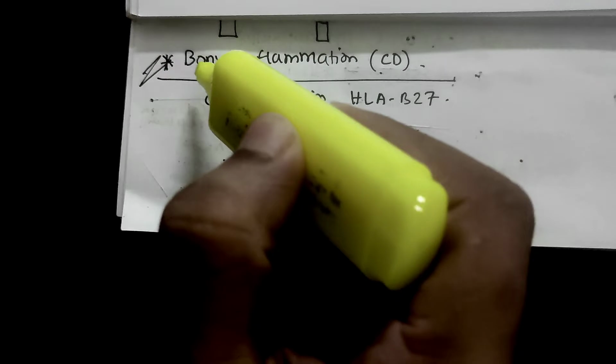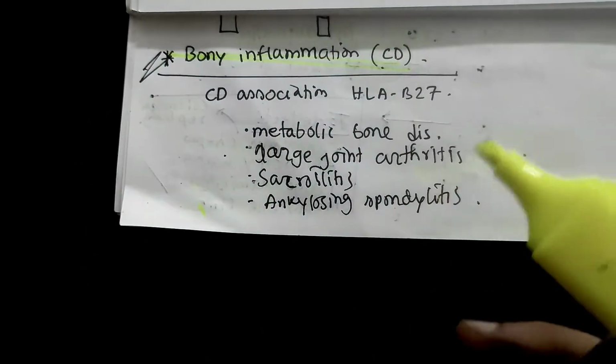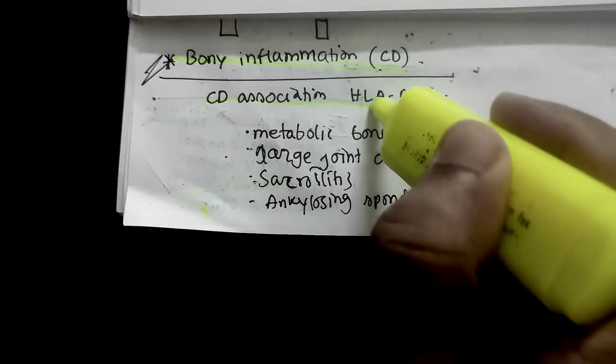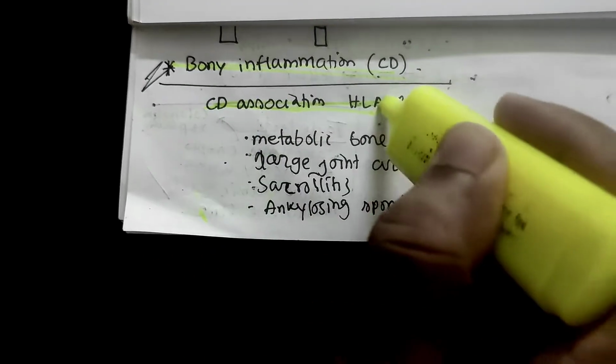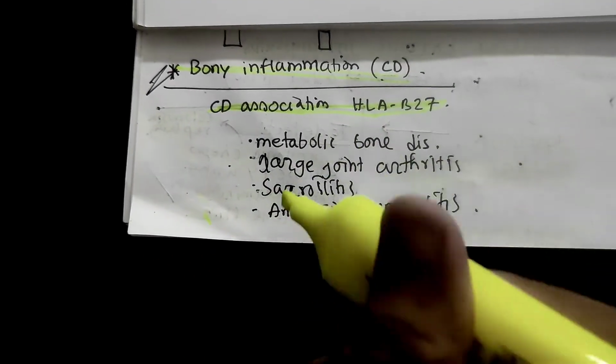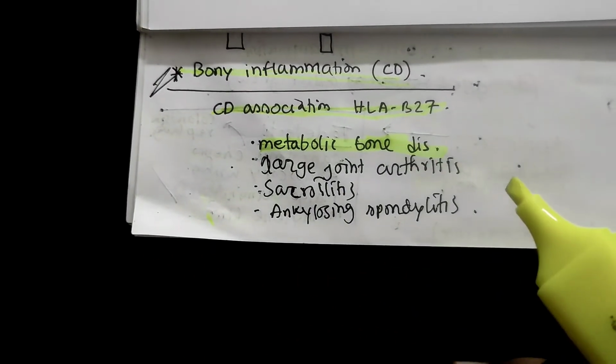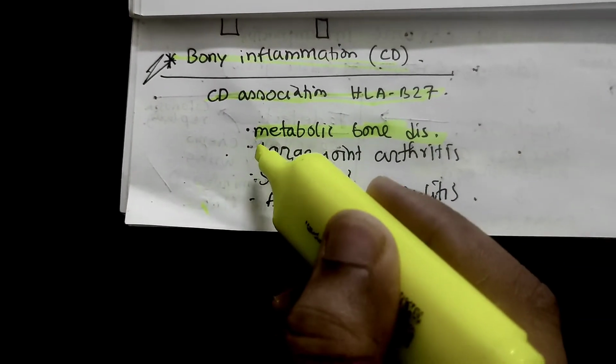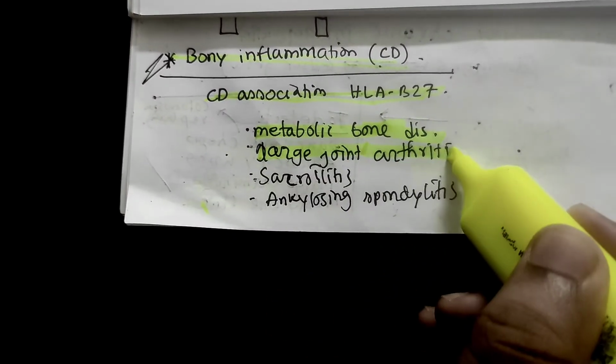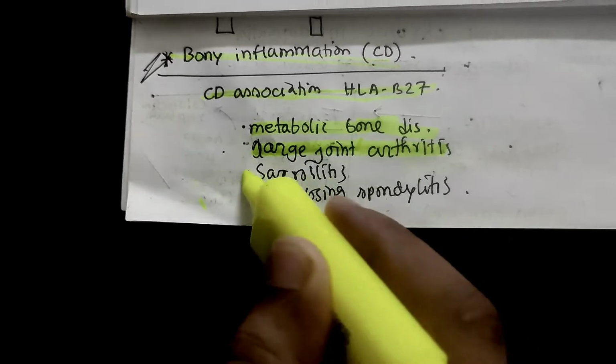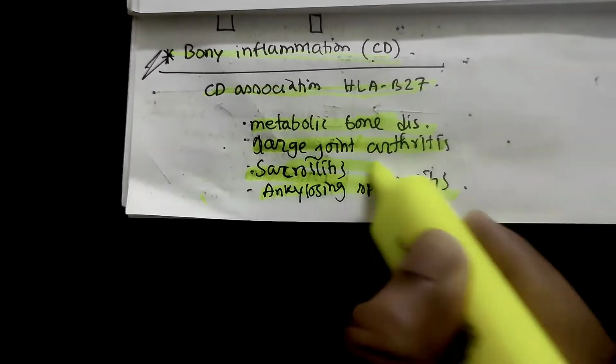Next, bone inflammation. If Crohn's disease is associated with HLA-B27, then it causes metabolic bone disease, and the features are large joint arthritis in active phase, then sacroiliitis and ankylosing spondylitis.